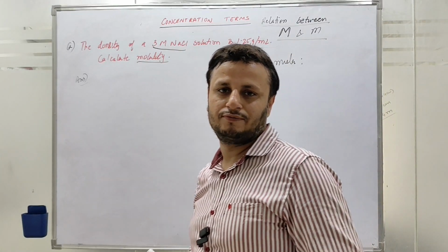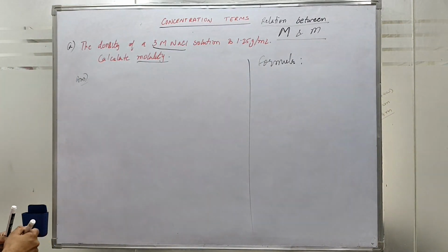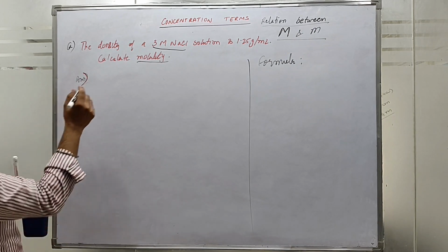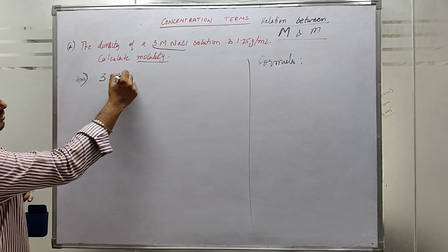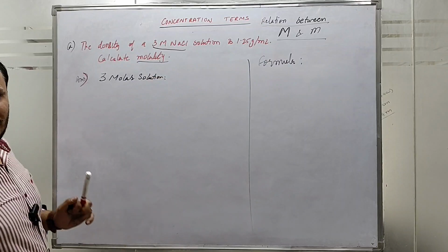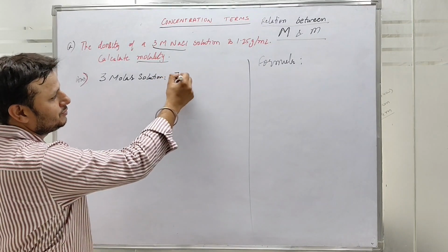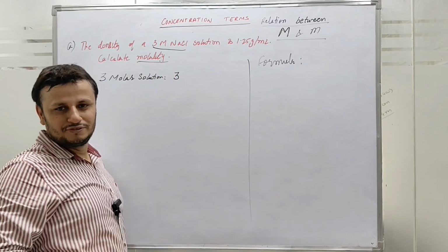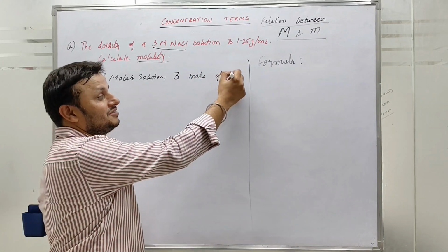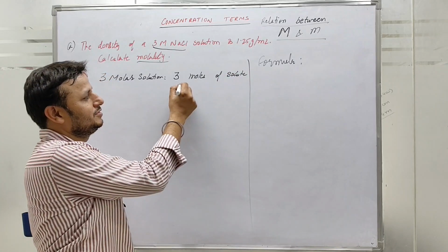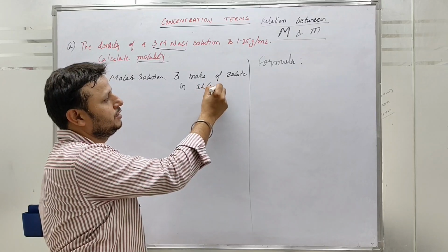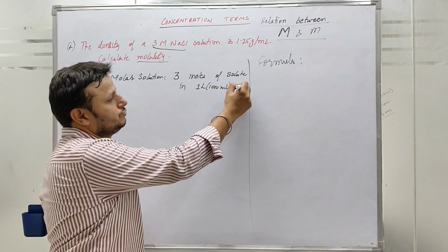For MCQs we will use the direct formula, and for calculation, for subjective, we have to show the complete answer. In the 3 molar solution, what is molarity? Moles per liter. 3 molar solution means 3 moles of solute per liter, means 1 liter, 1000 ml solution.